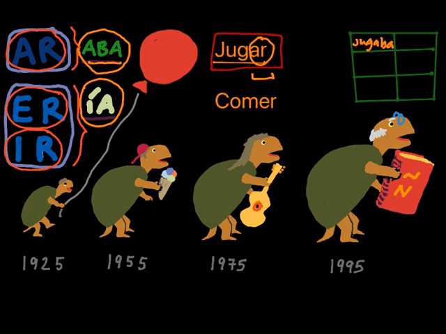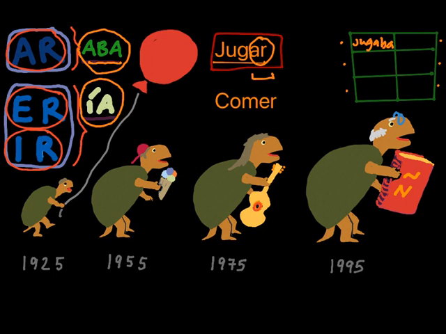Jugaba means I used to play or I was playing, because you have here yo, tú, él, ella, usted, nosotros, vosotros, you plural used in Spain, and they. So let's see how it works for the others.